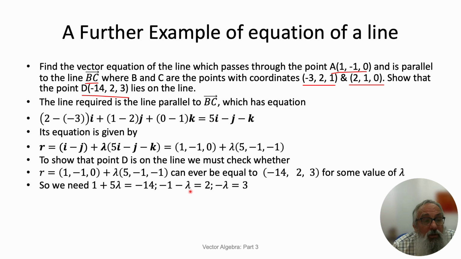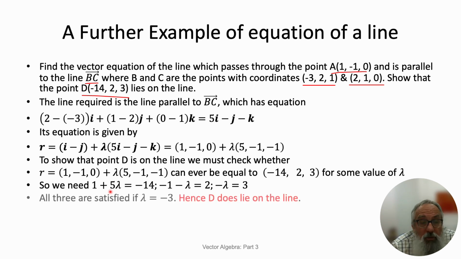Does it work for the others? Minus 1 minus minus 3 equals 2. 1 plus minus 15 equals minus 14. So yes, lambda equals minus 3 works for all, so D does lie on the line.